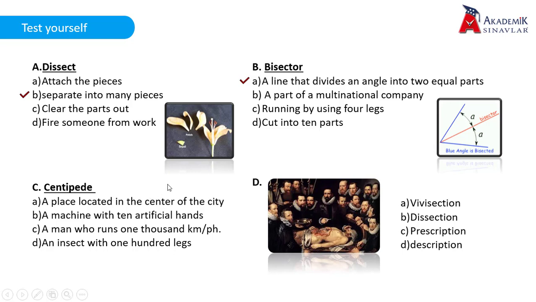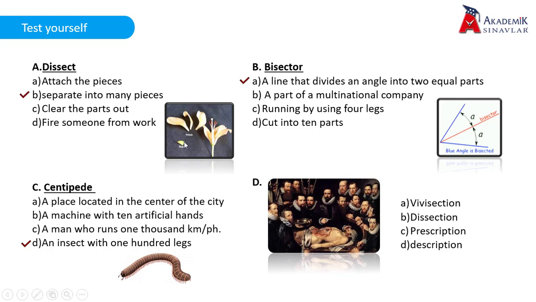Next word is centipede. Cent meant 100. Pede, legs or feet. So it is a kind of insect with 100 legs. Familiar? Yeah, it is a kind of insect, like a worm, but with 100 legs. And the same, we have millipede, another type of this centipede.